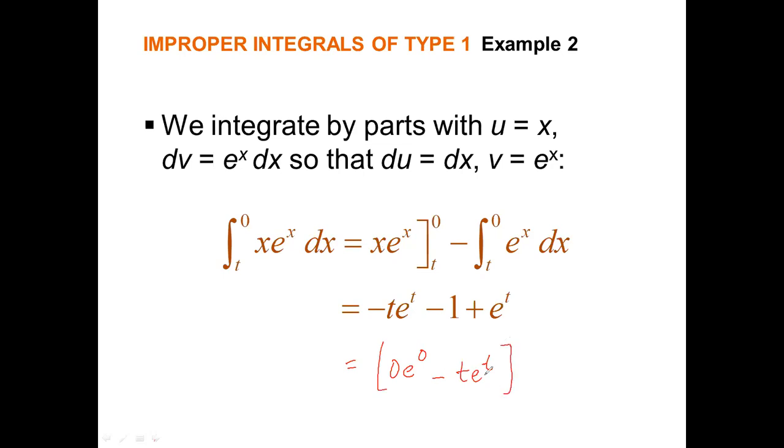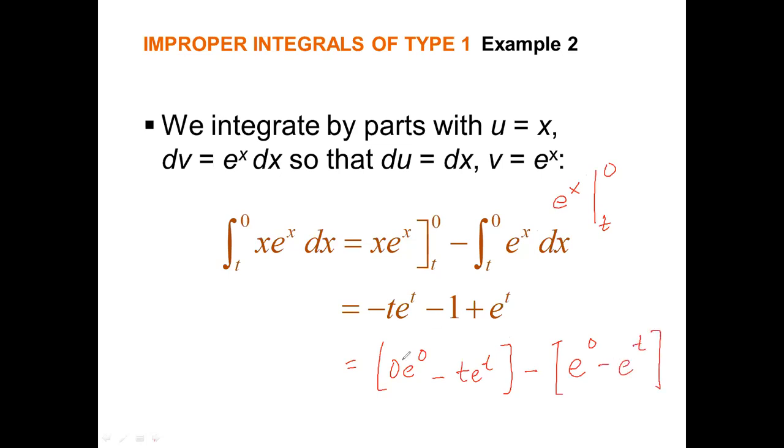That would be for this term here. For this integral, your answer would be simply e raised to x, and the limit is from t to 0. And then I will place here minus. If you substitute the 0 here, that would be e raised to 0. And if you substitute the t for the x, that would be e raised to t.